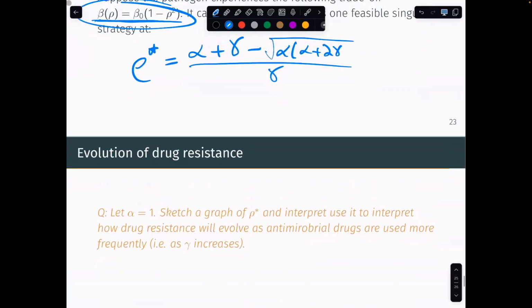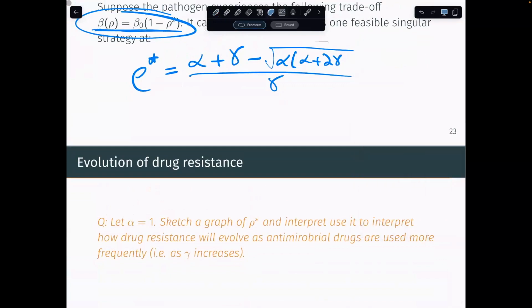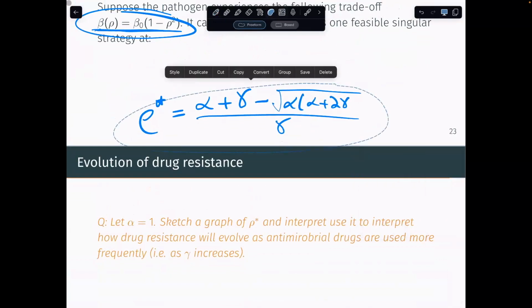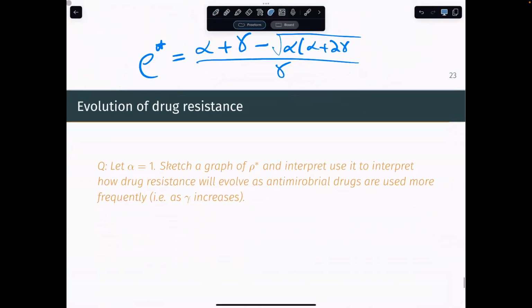So what I want you to think about is, given this is your level of drug resistance, let's set, for simplicity, alpha equal to 1 to make this equation a little simpler. We need to have a go at sketching a graph of rho star and use it to interpret how drug resistance will evolve as antimicrobial drugs are used more frequently, in other words, as gamma increases.